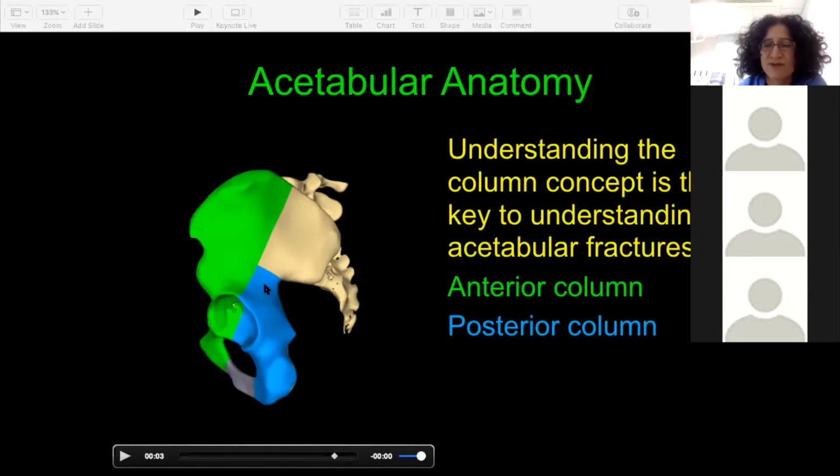But where is the strongest bone? Does anyone have an answer for that? Out of all of this, there are some parts of the hemipelvis where the bone is quite cancellous and relatively weak. And there is one particular part near the acetabulum where the bone is really dense and strong.